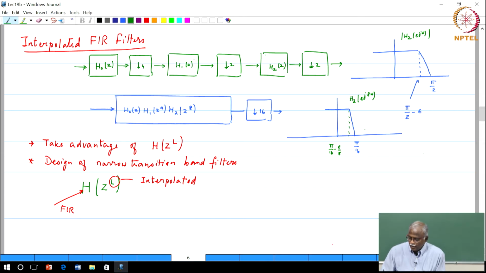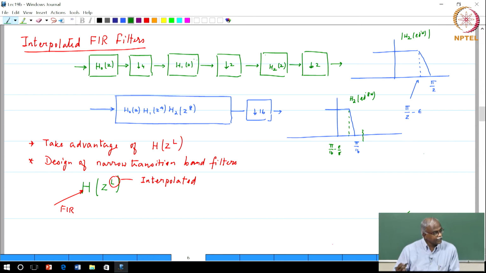I have shown only up to pi by 16, I have not shown the whole thing. So, what we find is that when we do this Z^L, where L is some integer, the spectrum gets compressed.